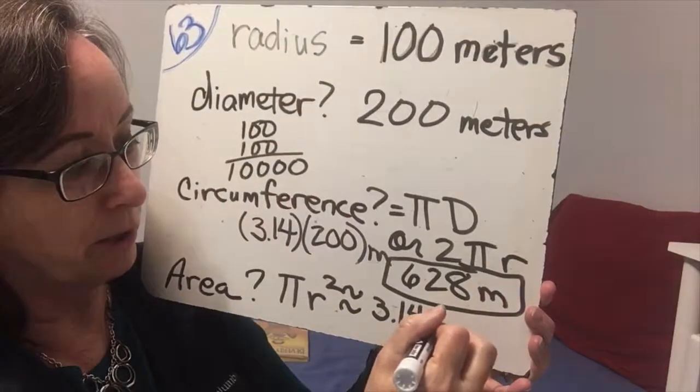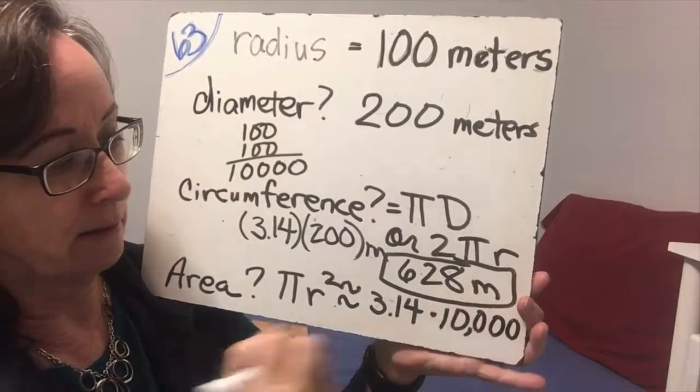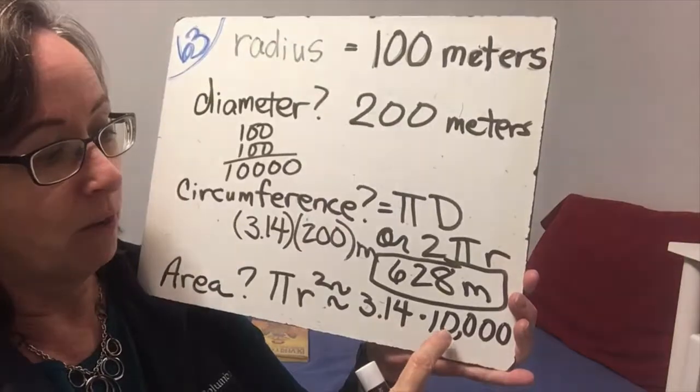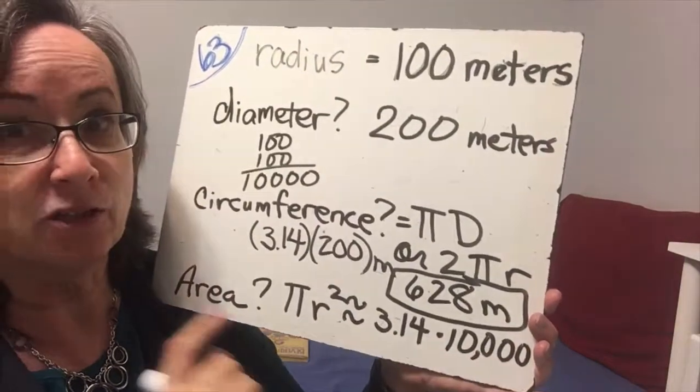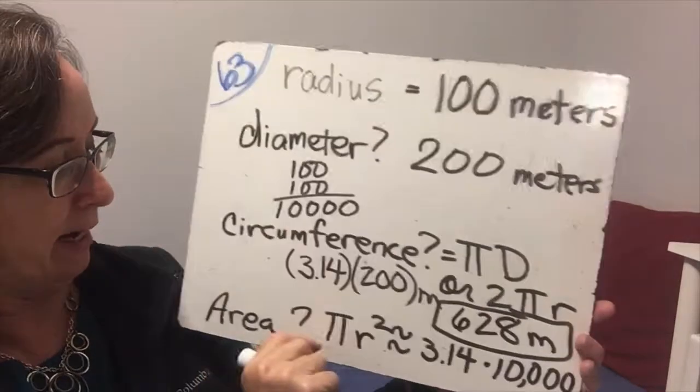Okay, so we're going to do times 10,000. And that's going to move this decimal place 1, 2, 3, 4 places to the right. So right now my decimal place is right there.